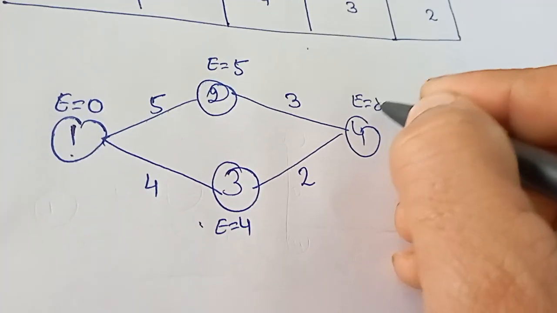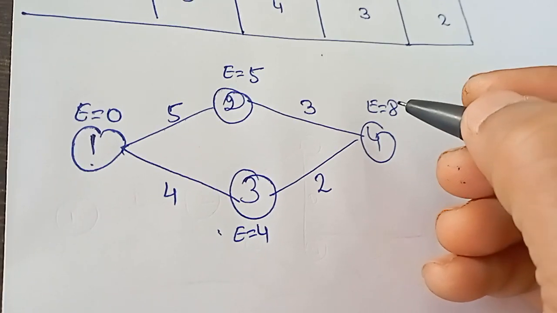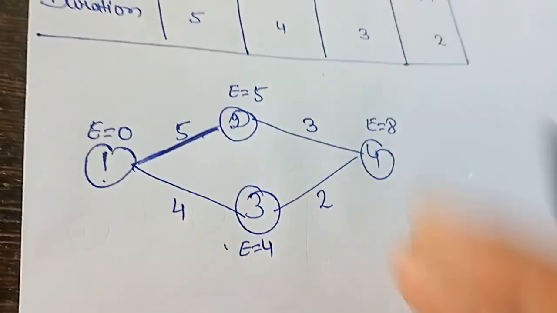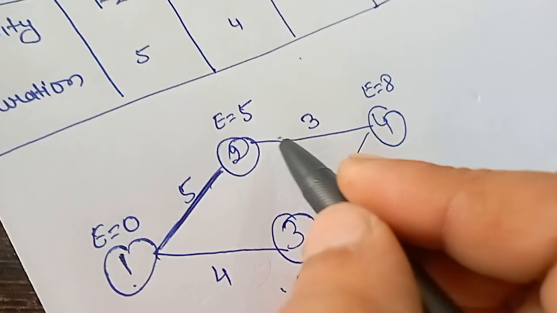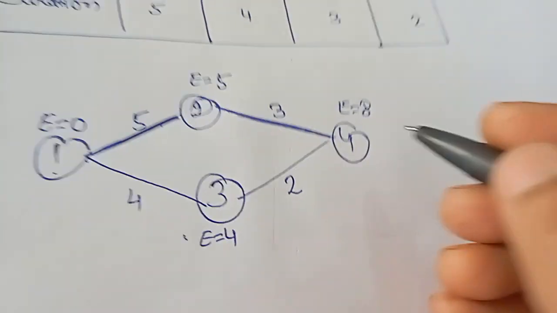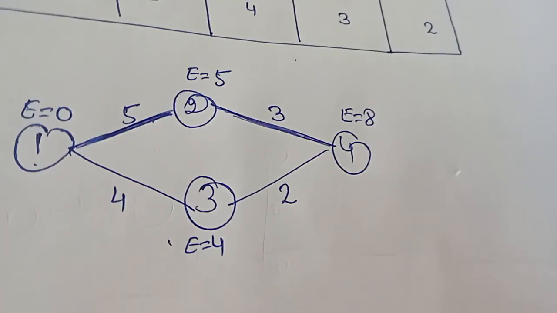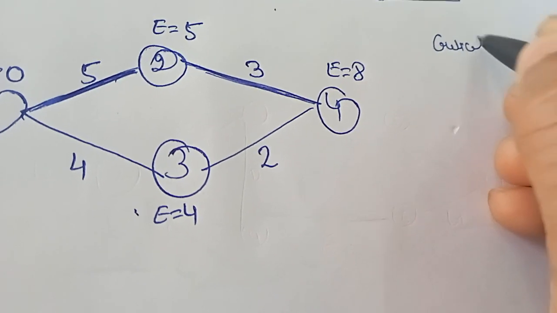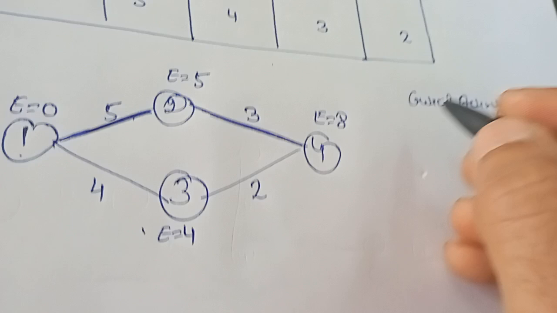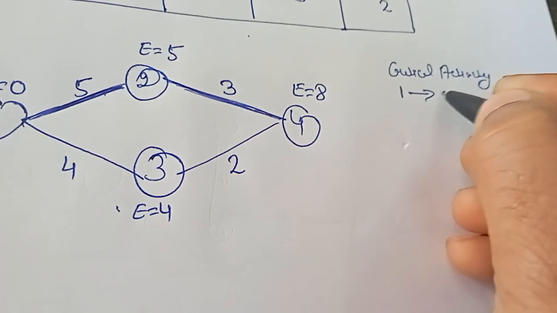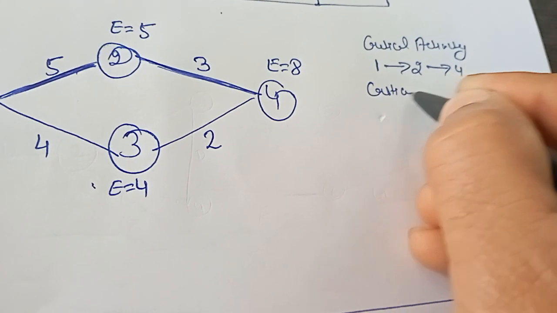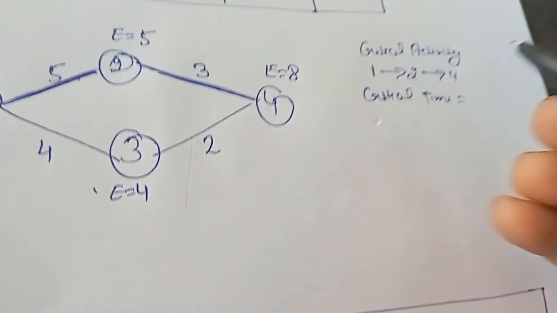E is equal to 8, and this route is also known as the critical path, and we darken this line so that it is clearly visible. The critical activities involved in the critical path are 1 से 2 and 2 से 4, and the critical timing is 8.